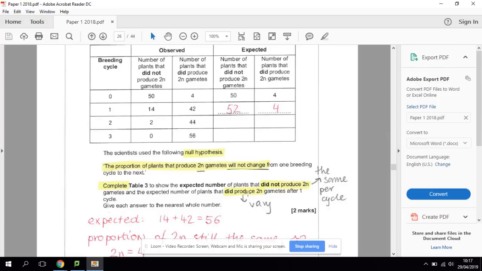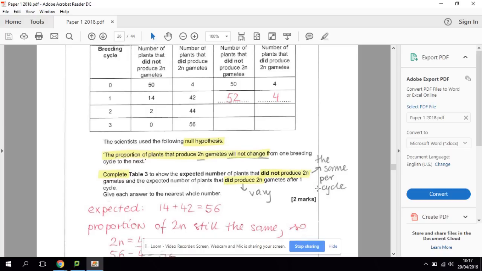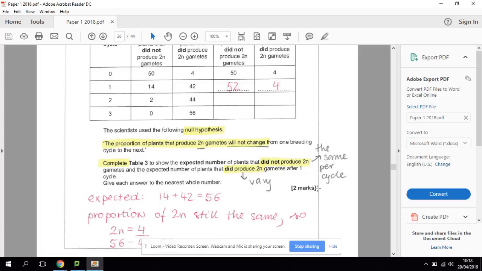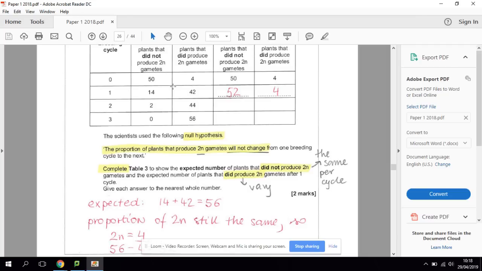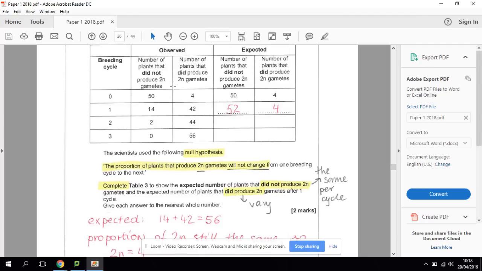So did produce 2n means that they stay the same, and did not produce 2n, there will be different. Sorry, the labels are just all the wrong way round. So how we can approach this, we can work out the total of the plants that we're going to get here. We're going to add them together. So 14 and 42 gives you 56.